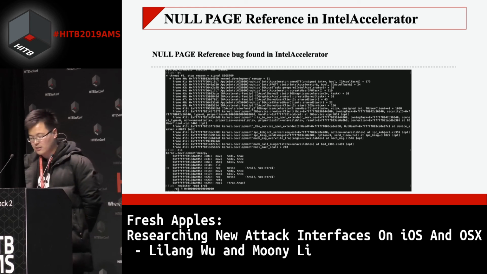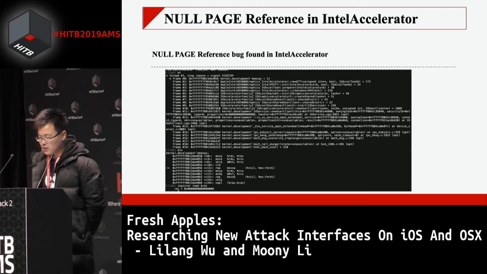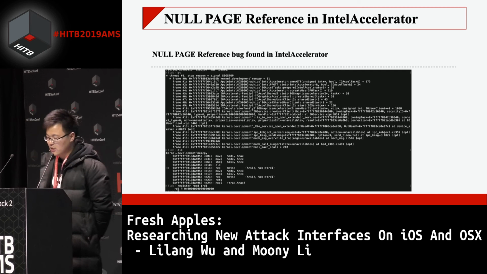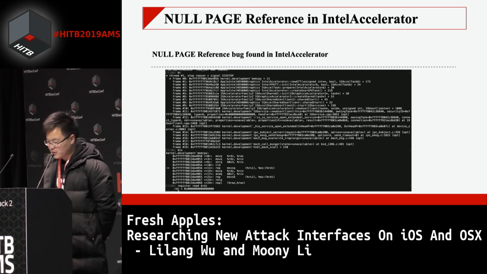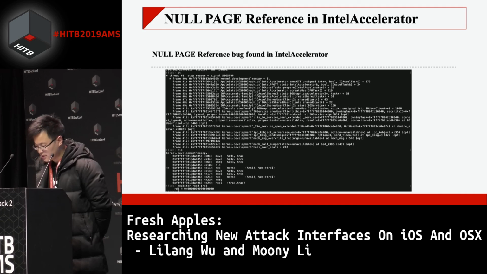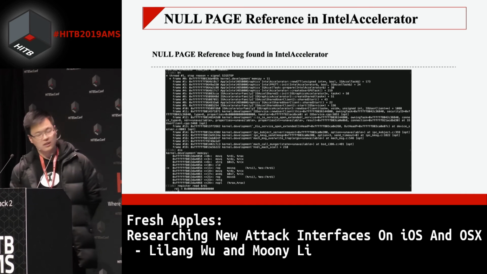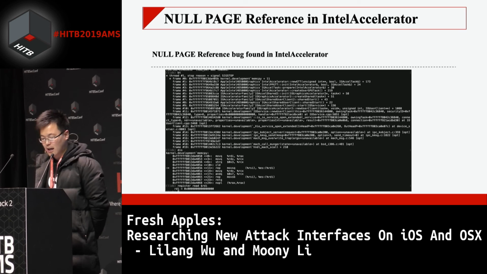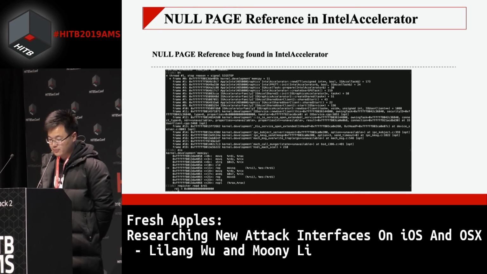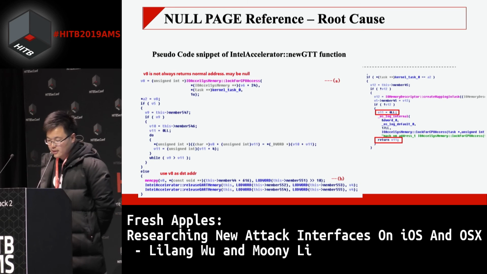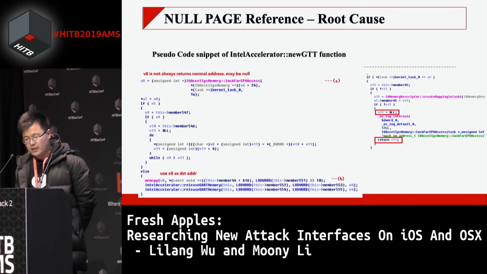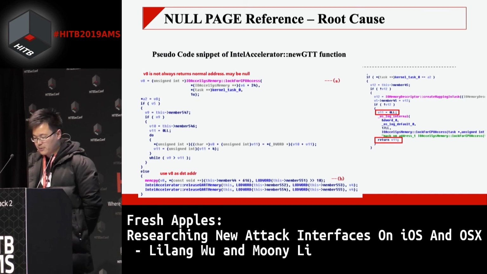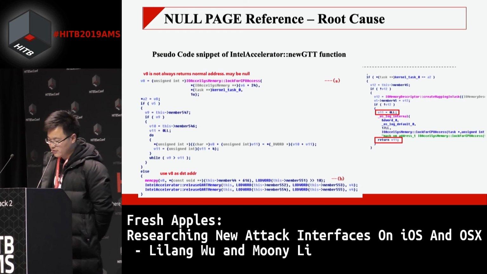This bug is found in the Intel Accelerator driver, and the vulnerable function is the Intel Accelerator new GTT method. This function may be accessed when connecting the user client with type 6. The left figure is the pseudocode snap of the new GTT function.